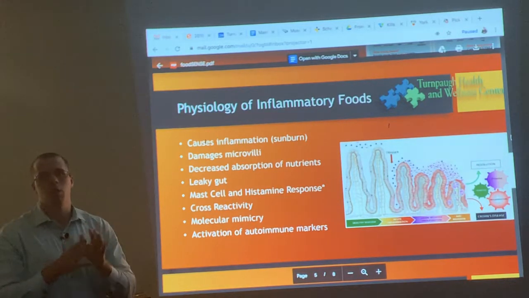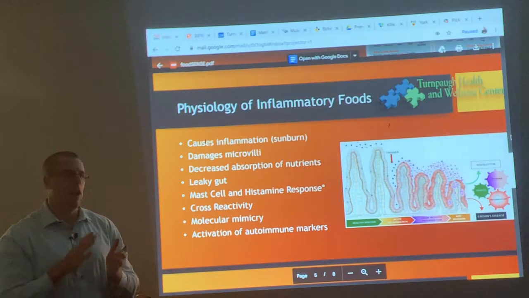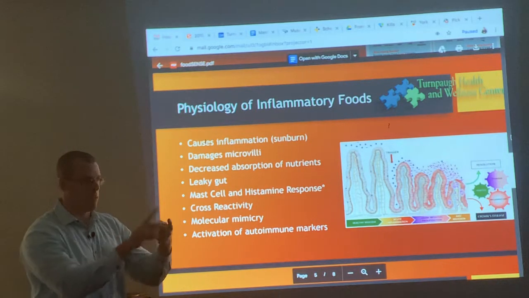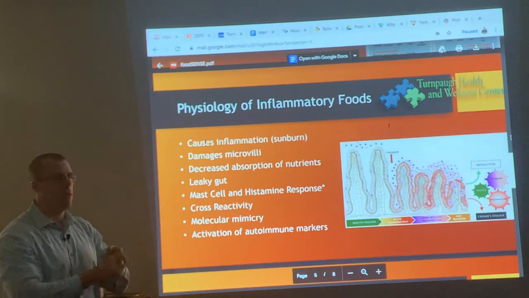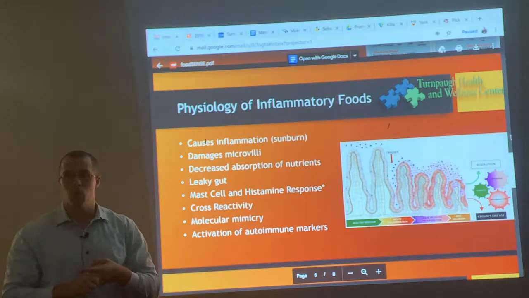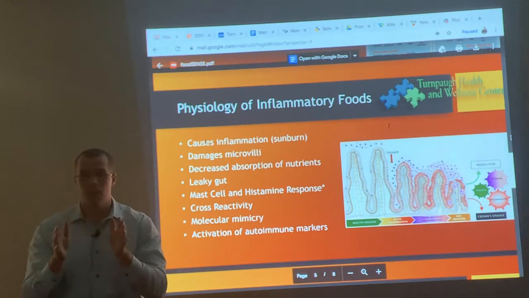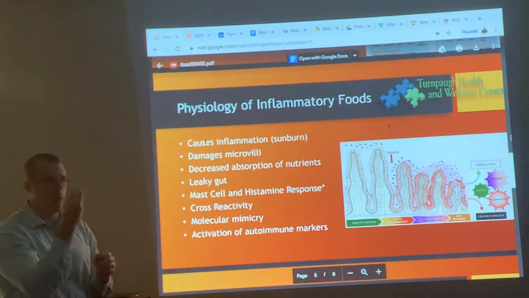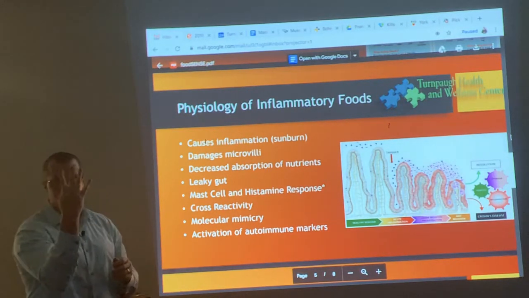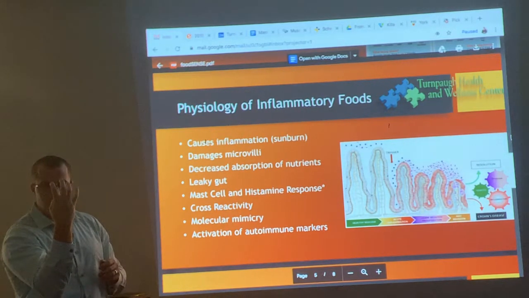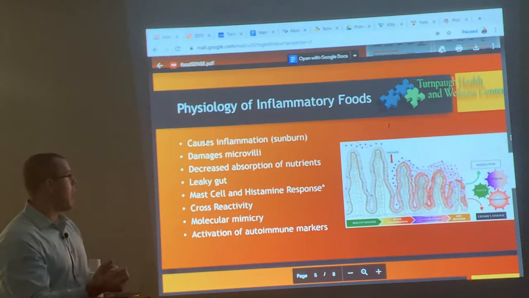This isn't something where you have one food and it occurs, unless you have celiac disease or some extreme food reactions. This is something that happens over time. You expose yourself continuously, and we start to get this breaking down of the microvilli effect. So this doesn't happen overnight.